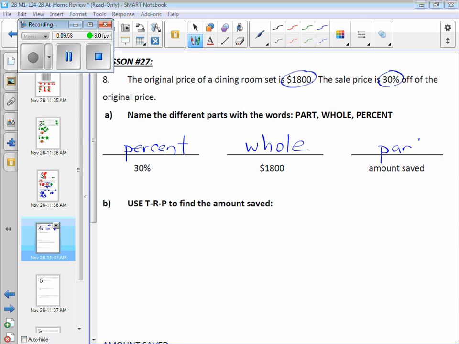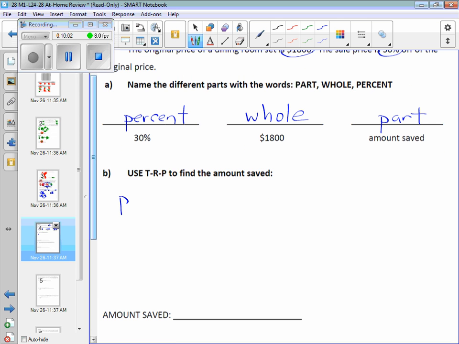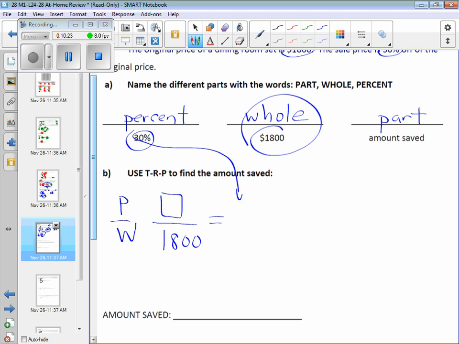All right, let's set it up. Part over whole. Part is what we're trying to find. We're going to leave that blank for right now. The whole is 1,800. And our percent, remember when you have a percent, you have an entire ratio, 30 over 100.